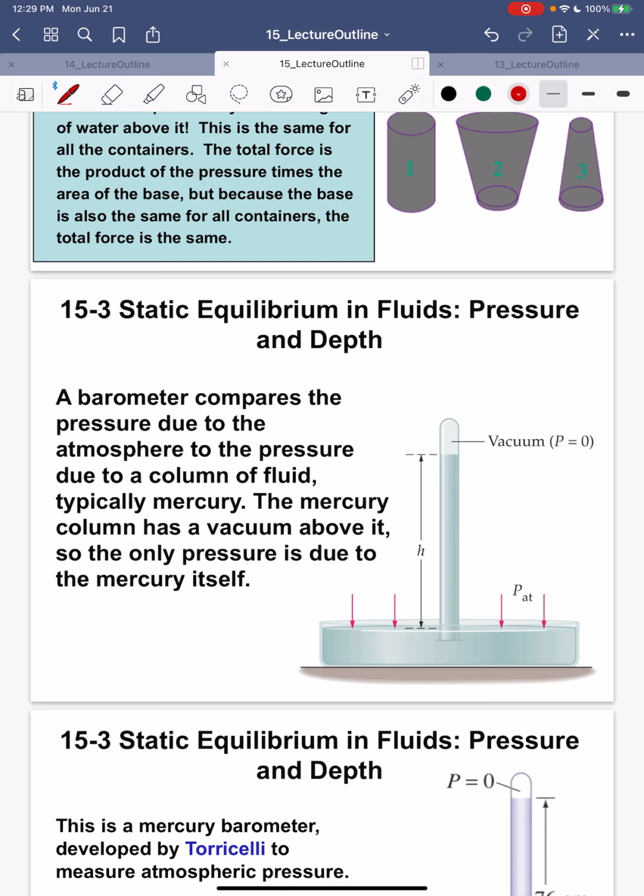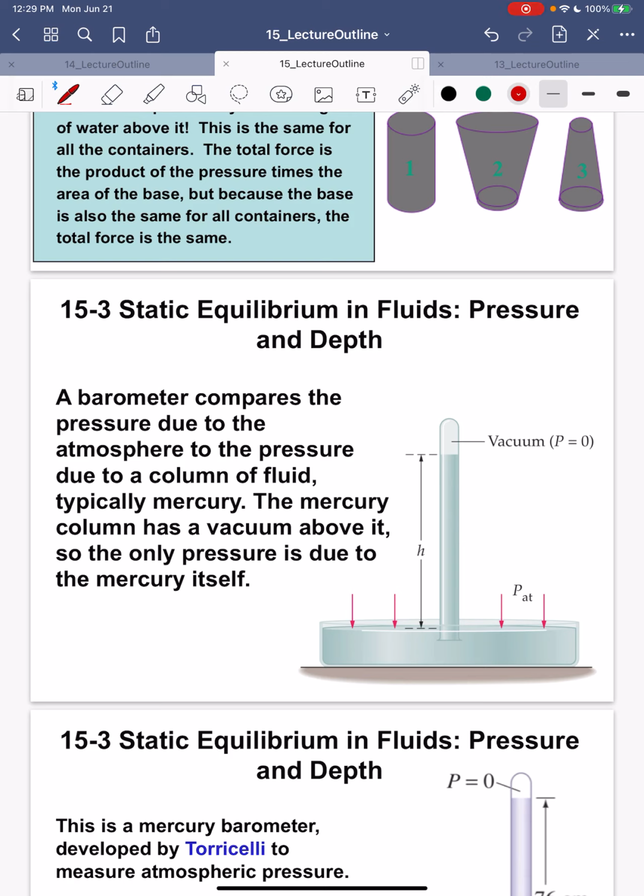Number 3, mercury does not stick to the walls of the glass tube, so the values are going to be more accurate. Number 4 is the boiling point and the freezing point of mercury.